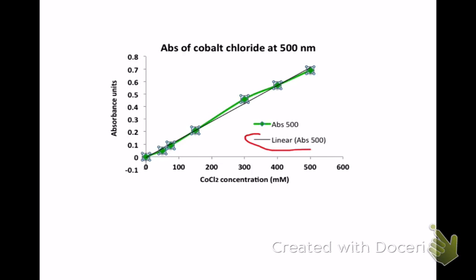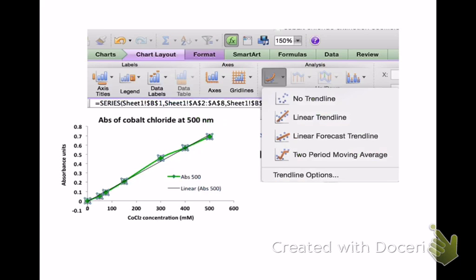It's added a new legend, and it's added this black line, which is the linear regression of the data. Next, we're going to use another feature of Excel that allows us to determine the formula for that line. So we're going to click on that black line, which is our linear regression, and we'll get some options in Excel, back at the same category we were at previously, and this time we're going to click Trendline Options.